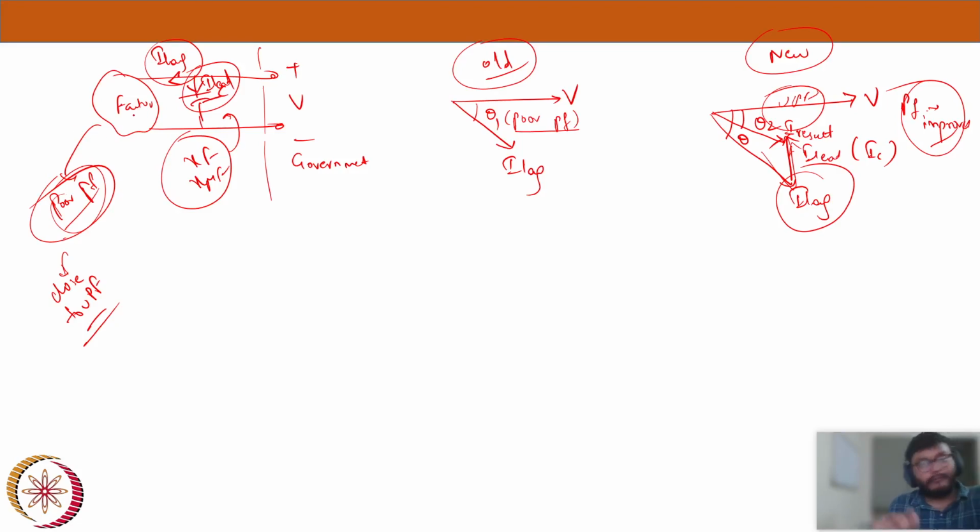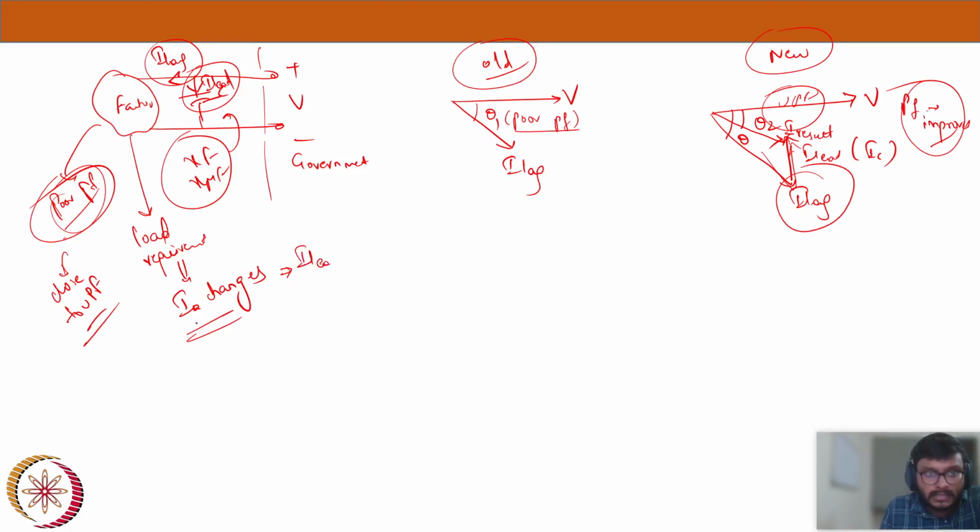What if it is a factory, where you have different kinds of load? The load requirement won't always be the same. If the load requirement changes, now IA changes. If IA changes, the lagging current IA lag which it draws from the supply will change.